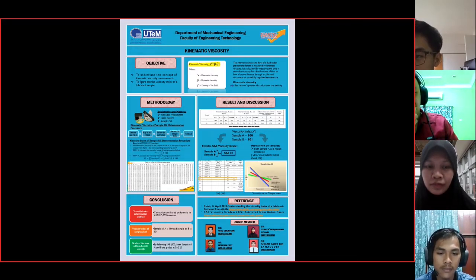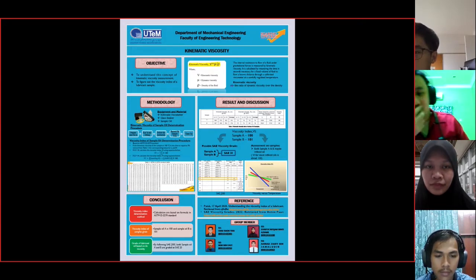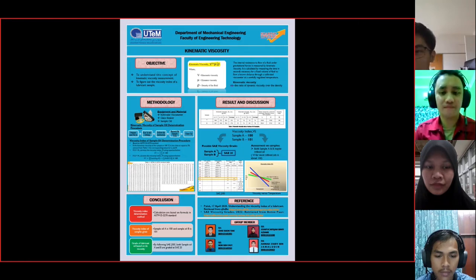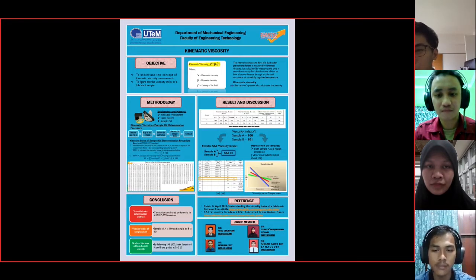From the SAE J300 table, we can see the kinematic viscosity for both sample A and B, which is 7.6 and 7.8, lies between the range of 5.6 to 9.3, which refers to grade 20. So we can say both samples are in SAE 20 viscosity grade.